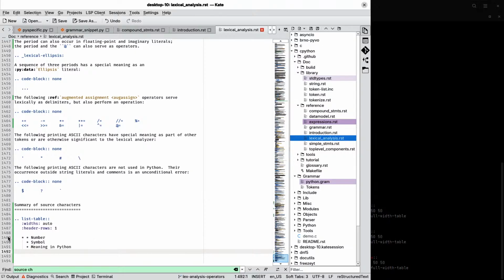And then we put in this structure for every ASCII character.